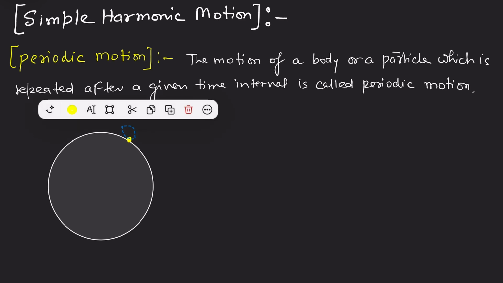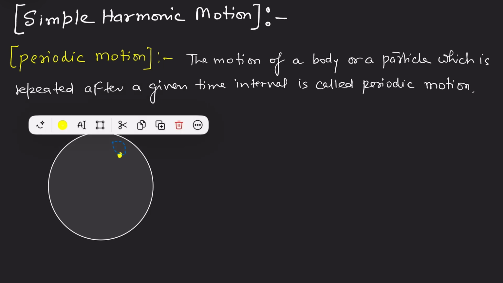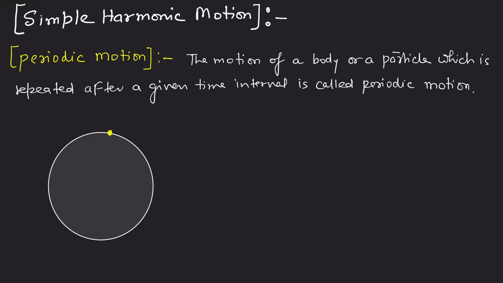Let's say this is the position of the particle, O. So it is going to repeat this position after every constant time interval if it is moving with a uniform angular velocity or a constant speed. If this is the case, we can say that it is performing a periodic motion.